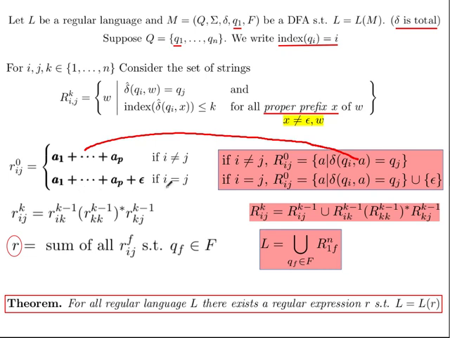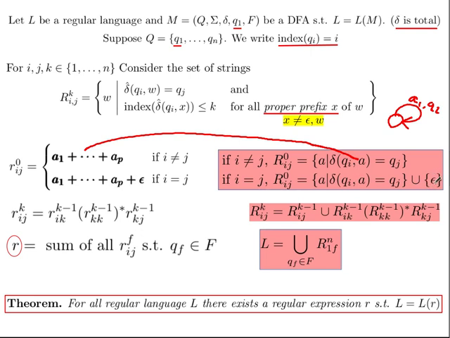Then if i is equal to j, again you take all the single transitions. Since now i is equal to j, I am talking about a loop-like transition from Qi to Qi itself, on certain symbols, say a1, a2, whatever. You take all such symbols again, but on top of that you also take epsilon.